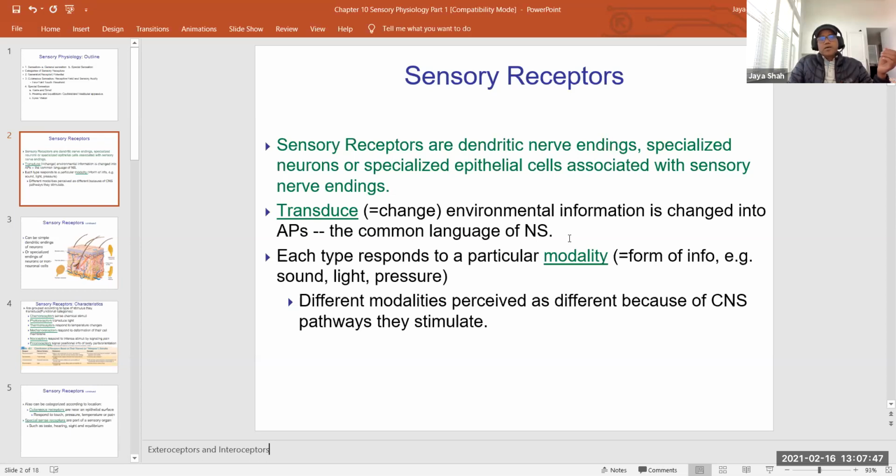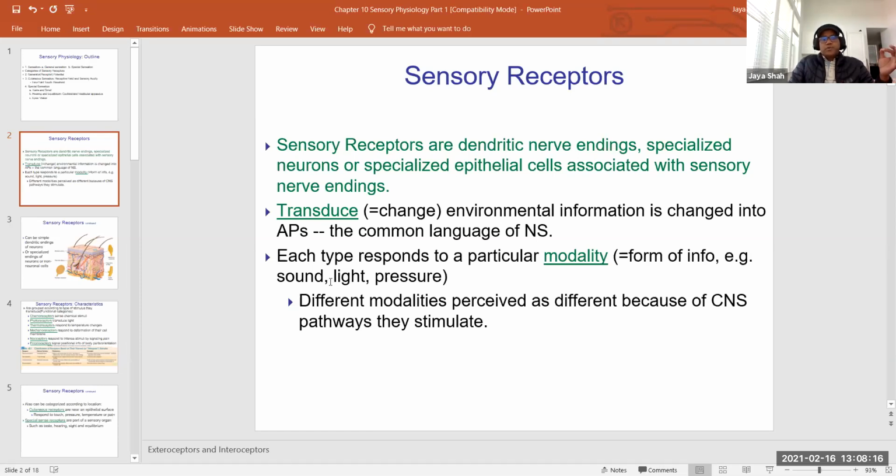Okay. So there are several kinds of receptors, and each receptor can change the stimulus of only one type. Not a single receptor can change several kinds of stimulus. Each type responds to a particular form of information, which is called a particular modality of information. For example, sound, light, and pressure.